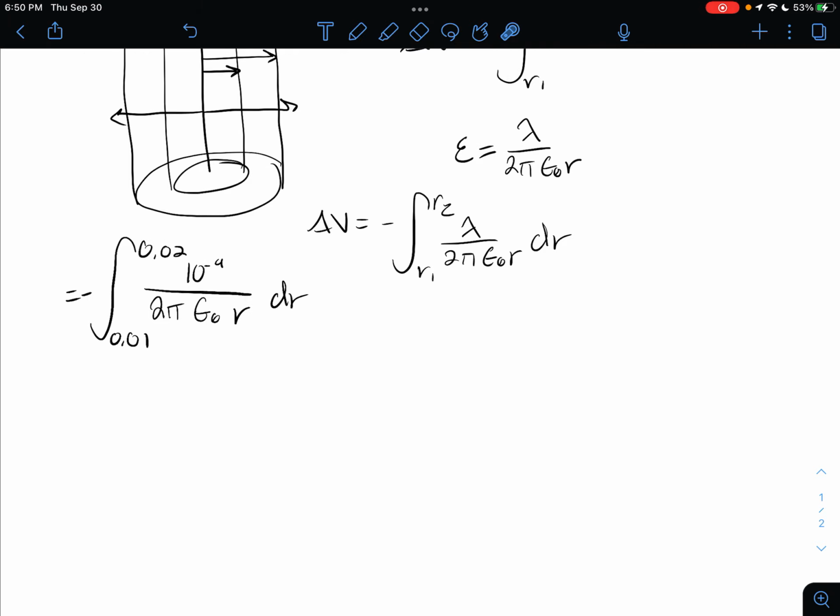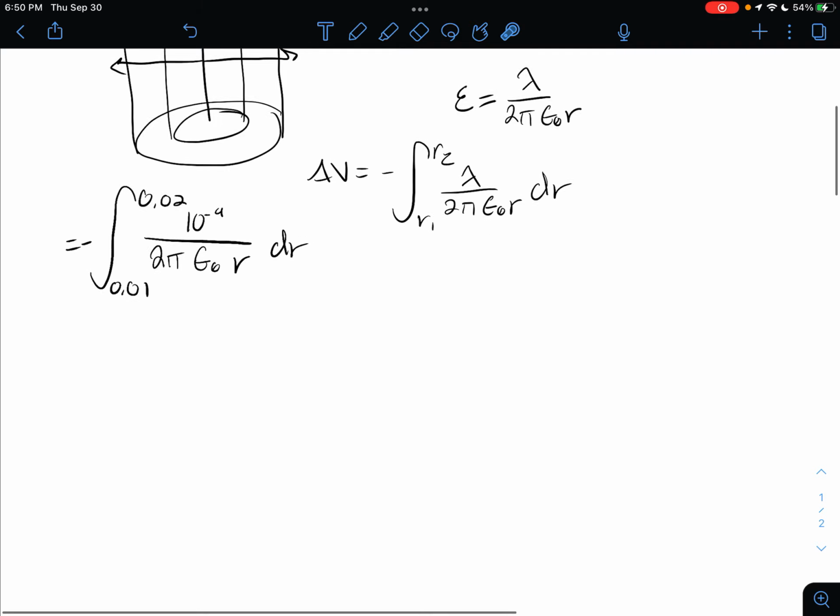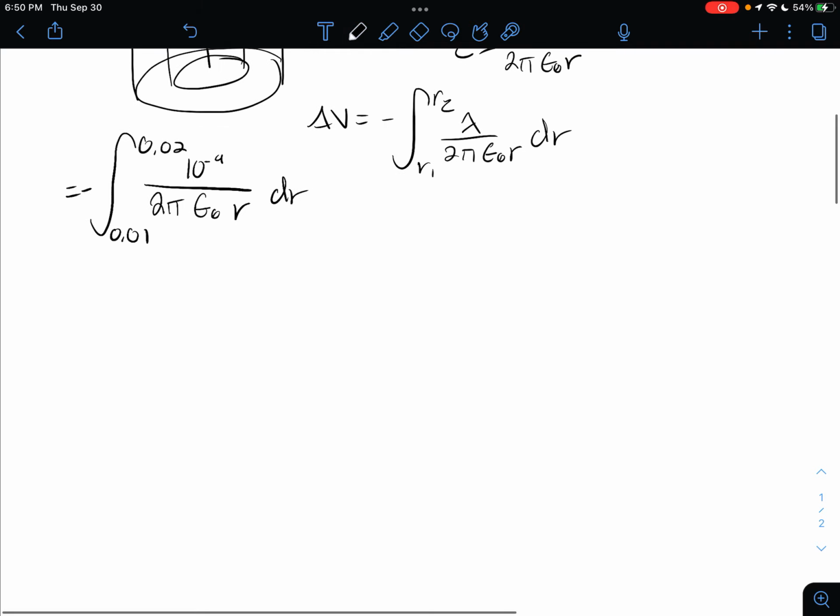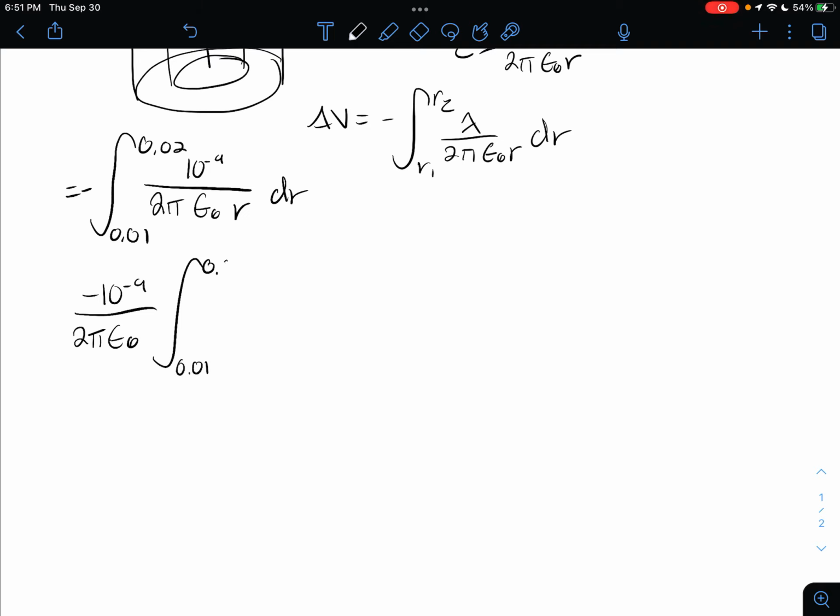So with all this mess, we can see we have a constant, a constant, a constant, and a constant. So we're going to pull all of that out of our integral, which is going to give us negative 10 to the negative 9th over 2 pi epsilon naught times the integral from 0.01 to 0.02 of 1 over r.